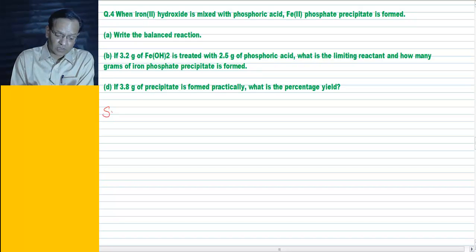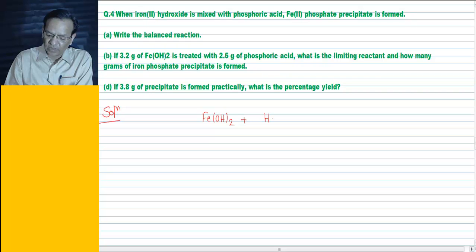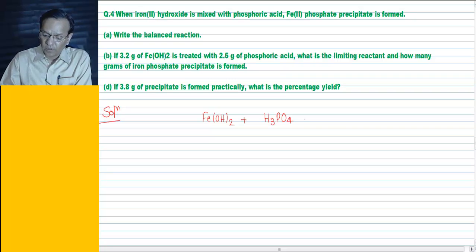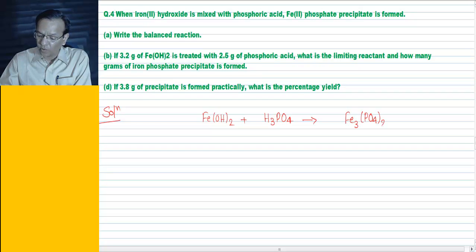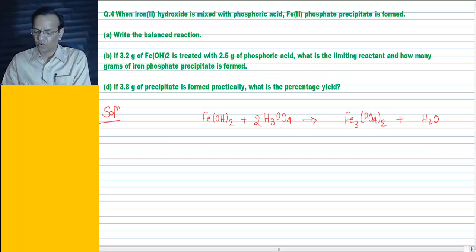Fe(OH)2 reacts with phosphoric acid H3PO4 to give Fe3(PO4)2 plus H2O. If we balance for 2 phosphate, we require here 2 phosphoric acid, for 3 ferrous hydroxide. So it will be 6H2O.